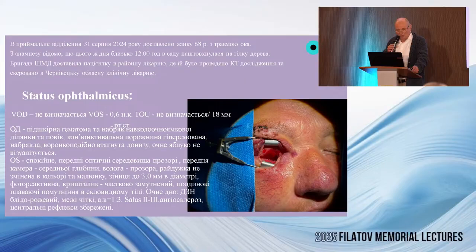In our case, the female patient that arrived was 68 and she had a trauma. She thought she was hit by a branch of a tree, and the blow itself was powerful enough to displace the eyeball and damage the lower wall of the orbit.